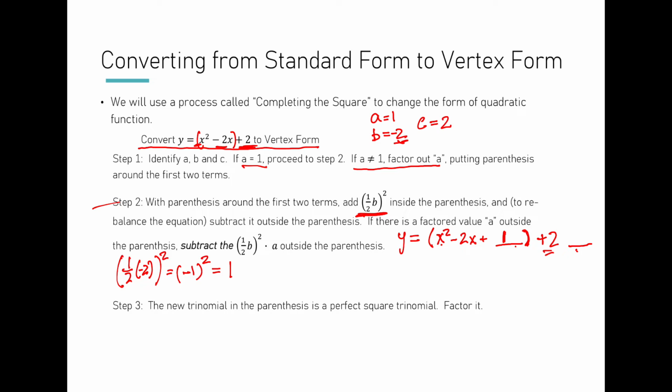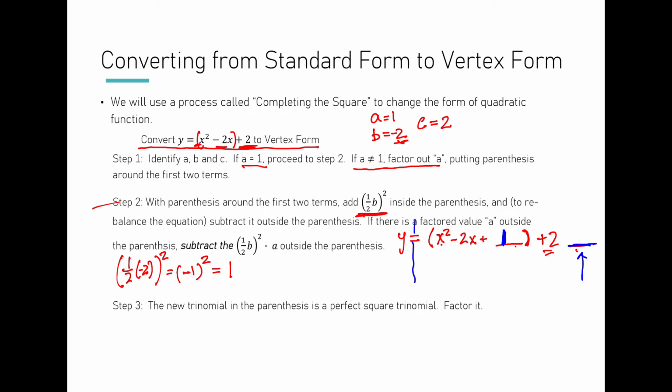So I added 1. And to keep this equation in balance, I need to do something out here. Notice that the equal sign is way over here. Normally when we add things to functions, we add it on one side and then we add it on the other side to keep it in balance. But here I'm actually adding something and then wanting to balance it out over here.